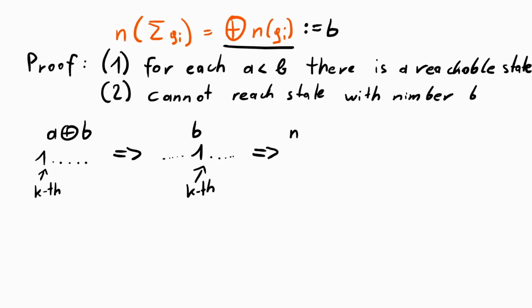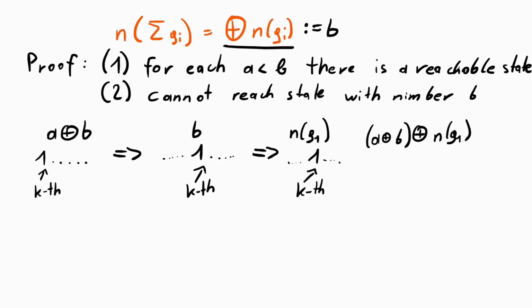So the number of G1 has a 1 in the binary representation exactly at the position k. But now this means that a XOR b XOR the number of G1 is definitely smaller than the number of G1.